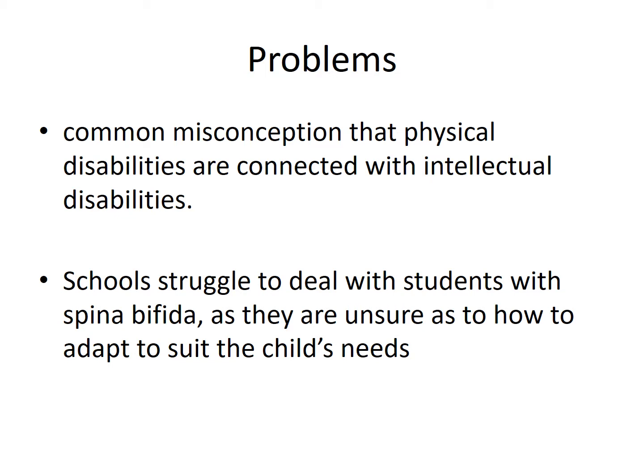One of the problems that has arisen from spina bifida is that there are common misconceptions that physical disabilities are connected with intellectual disabilities. This misconception has stemmed from the prejudicial beliefs that one's intelligence and ability are correlated. That was from Foreman in 2011. It is, however, not uncommon for people suffering from spina bifida to suffer from intellectual impairment.